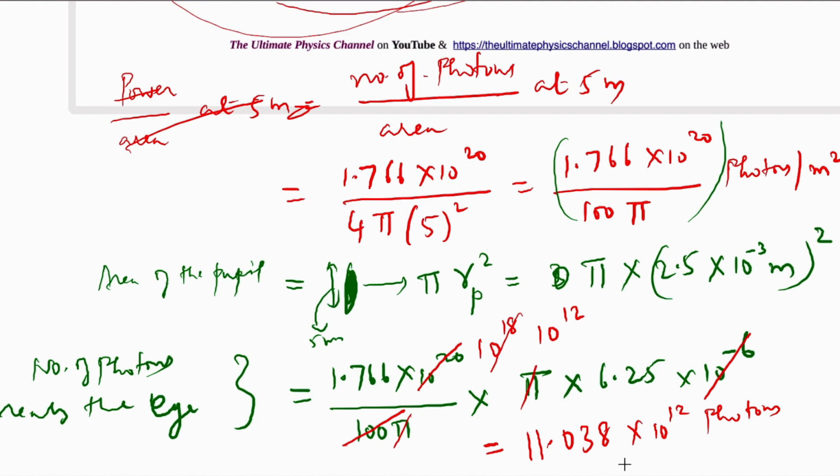We can also write this as 1.11 into 10^4, into 10 power 30 photons. That is also fine. That is the answer to this question, the number of photons reaching the eye.